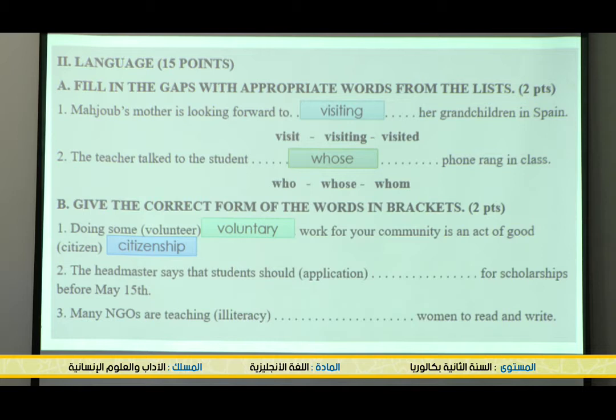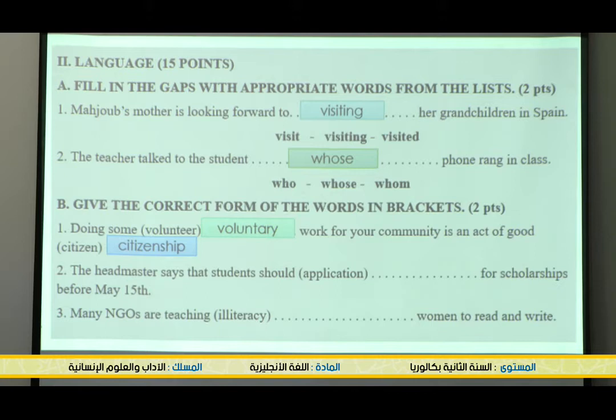So doing some voluntary work for your community is an act of good citizenship. As you can see, voluntary work is the kind of work that you do for your community, and you don't get paid for it. You just do it, as I said, to help your community. And citizenship means the state of being a good citizen.